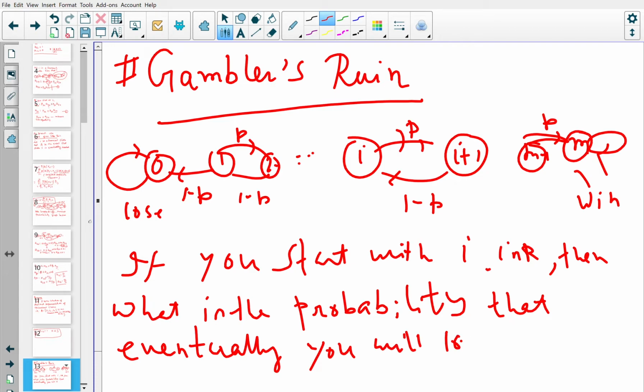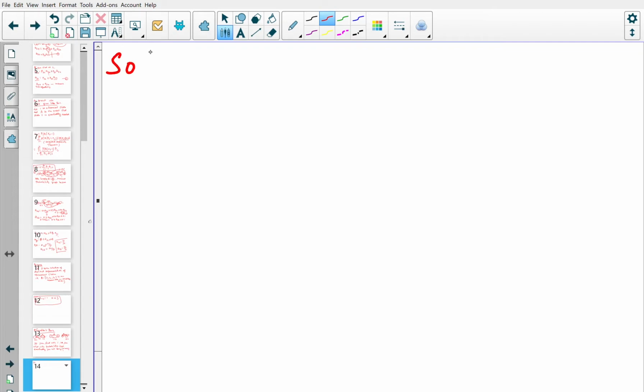If you know one, then you know the other, because they are complementary. Clear? So this is the question. Now how do you solve this kind of problem? Solution.